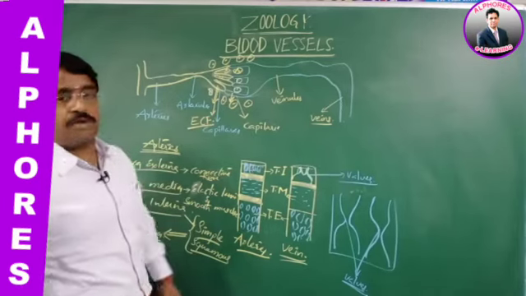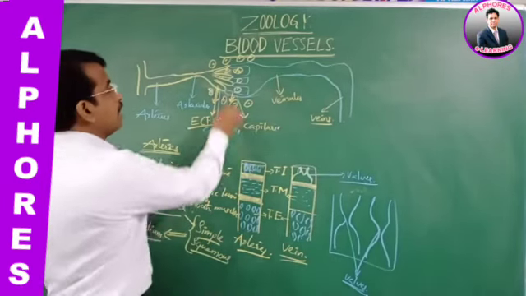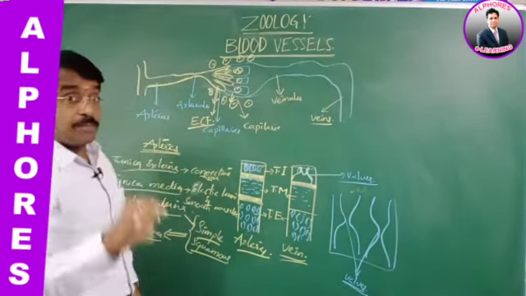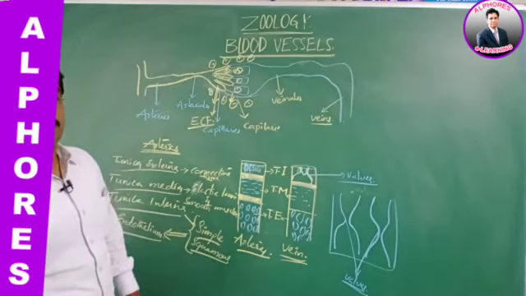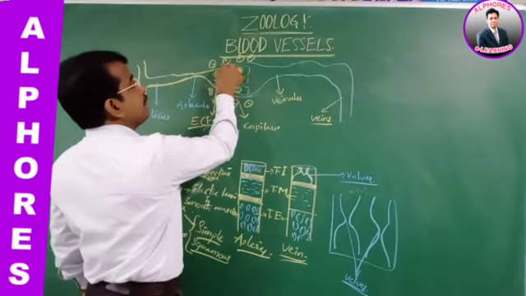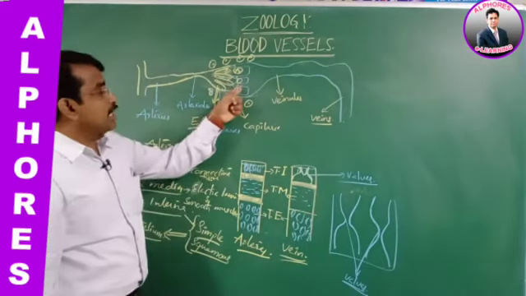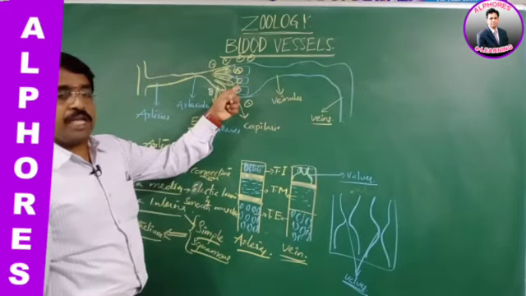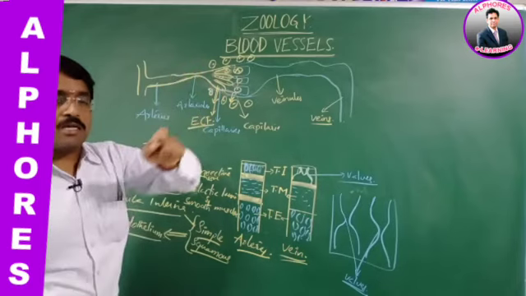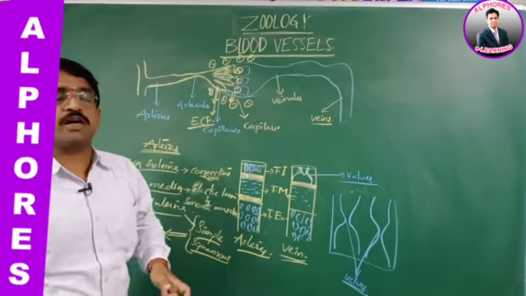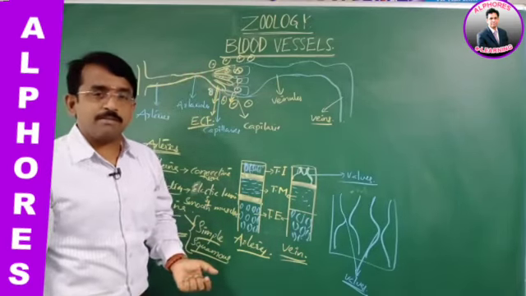Recall your memory, we have discussed it. Only the larger proteins do not diffuse, and they enter the capillaries of the veins. When the larger proteins enter the capillaries of the veins, this creates the colloidal pressure.